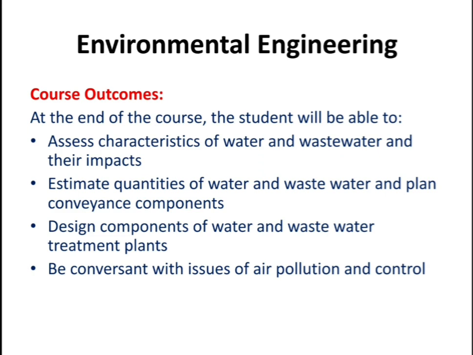To convey wastewater or water from one place to another, mostly we use channels. So the planning or design of such a conveyance system, and design components of water and wastewater treatment plants. Also, at the end of the course the student will be conversant with issues of air pollution and control. These are the main outcomes of the course, which are framed by the university itself.